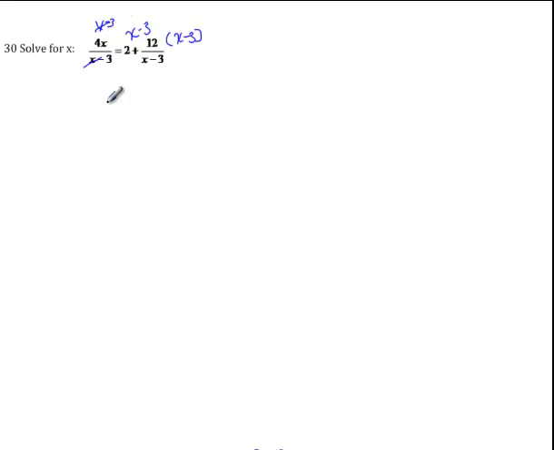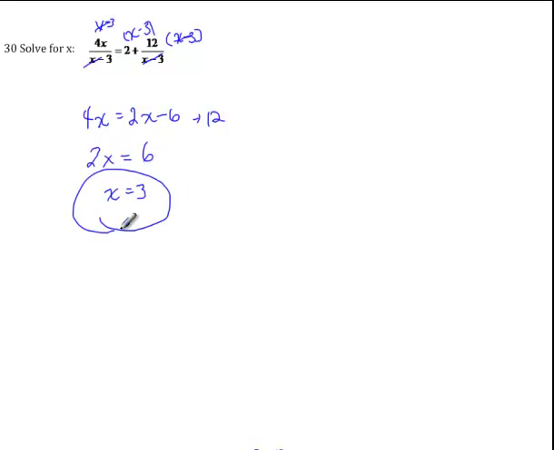Numerator and denominator cancel out, leaving me 4x. Numerator and denominator cancel out, leaving 12. Sorry, I had a sneeze. And then 2 times x minus 3 leaves me 2x minus 6. When I solve this, I get 2x equals 6, x equals 3.